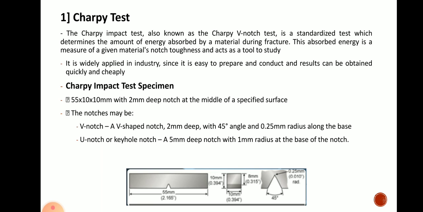For a U notch, generally the notch is prepared 5 mm deep with a 1 mm radius at the base of the notch. For the Charpy test you can prefer a V notch or a U notch. Two types of notches can be made for the Charpy test. So this is the standard specimen taken for the Charpy test.